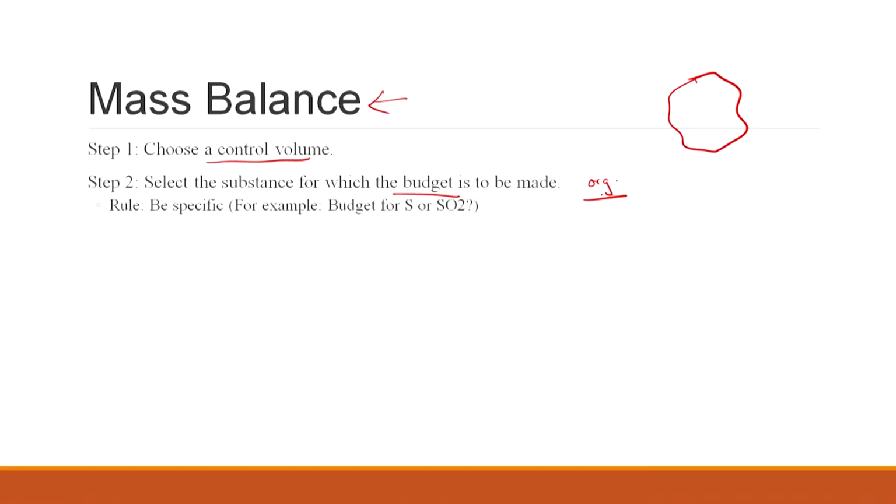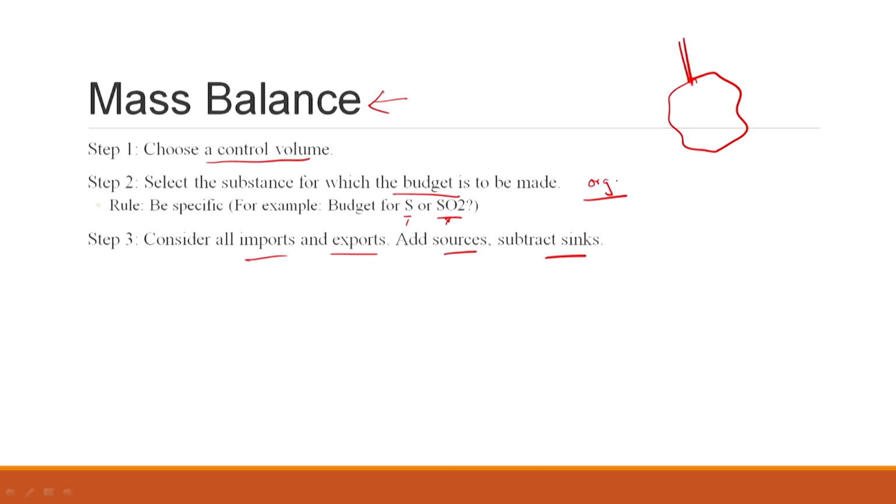So, that is something to keep in mind. And then what else? Is it for sulfur, SO2 and so on and so forth, because the reactions are specific to the relevant compound, let us see, right. And then all the imports and exports, as in add sources and subtract sinks, as in organic compound coming into the control volume and leaving the control volume, due to runoff, all the water coming into the lake and water overflowing from the lake outlet or water being extracted from the lake, right, mass coming in and mass going out of the system.